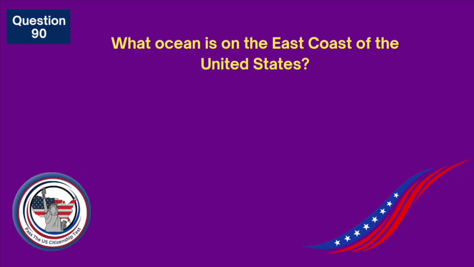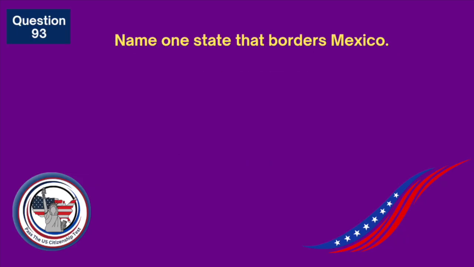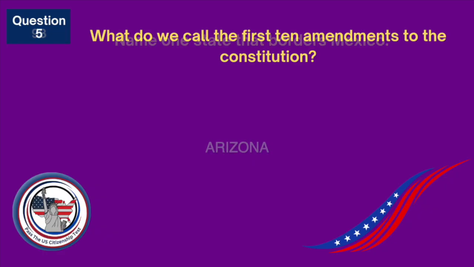What ocean is on the east coast of the United States? Atlantic Ocean. Name one state that borders Mexico. California. What do we call the first 10 amendments to the Constitution?